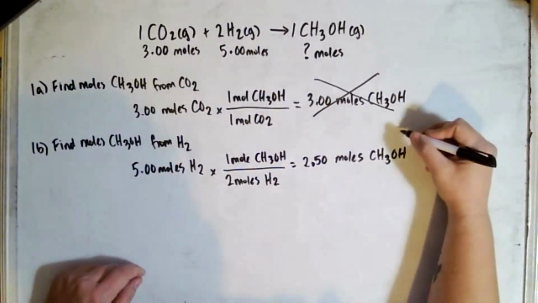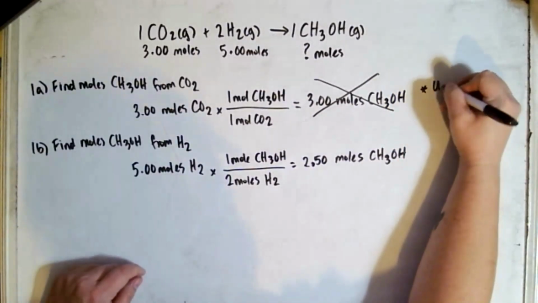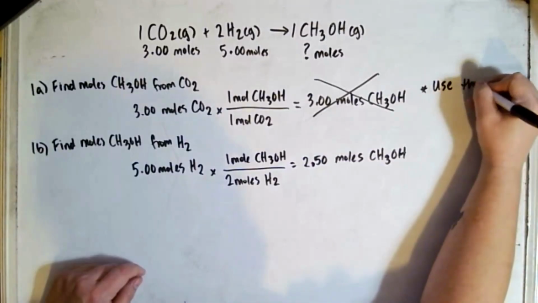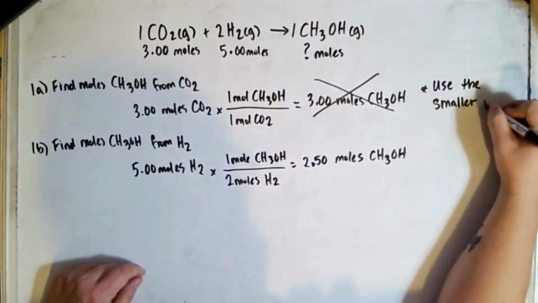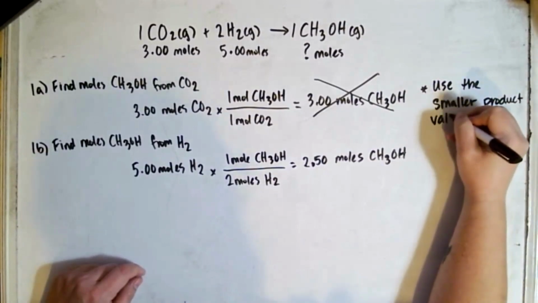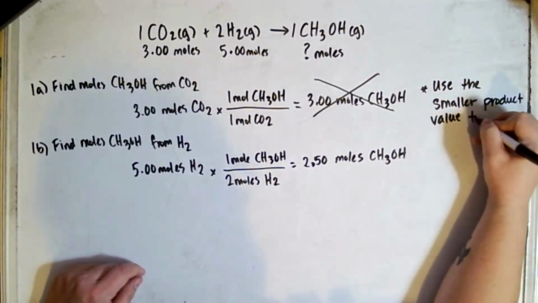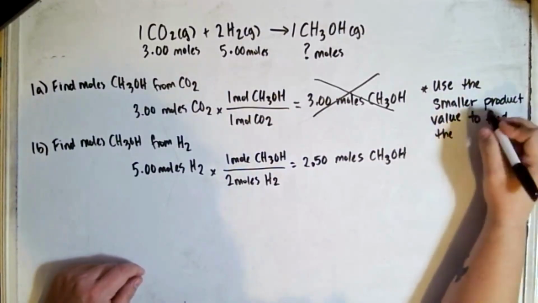Okay, so we're going to use the smaller value, the smaller product value, to find the limiting reactant.